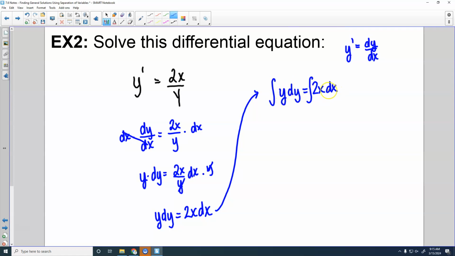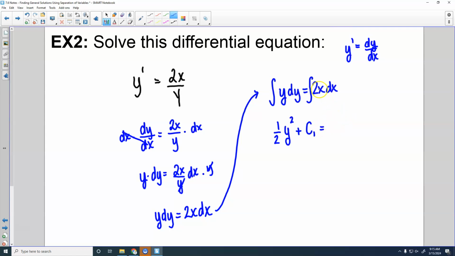So both of these sides now are going to require the power rule. The last problem we did also did, but it was just really simple. This was not terrible. You're going to have y to the second, and then you have to divide out front by that new exponent, so 1/2 y to the second, plus, I'm going to put c with a subscript of 1, because on the other side, there's going to be another one.